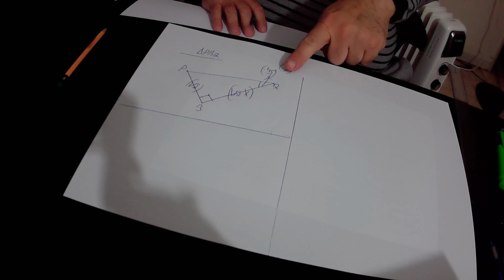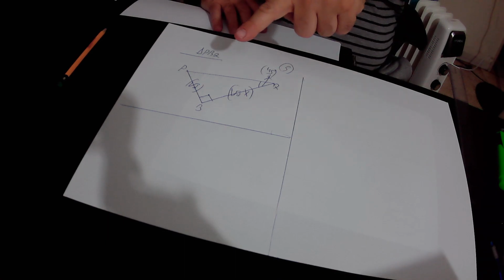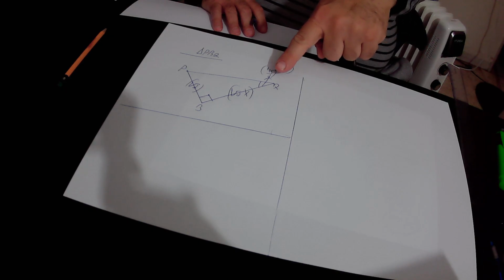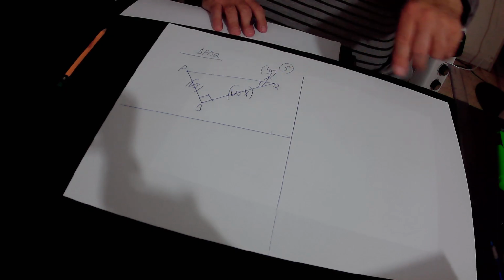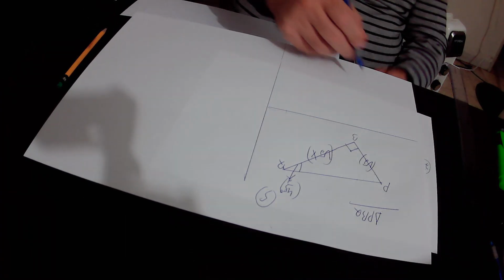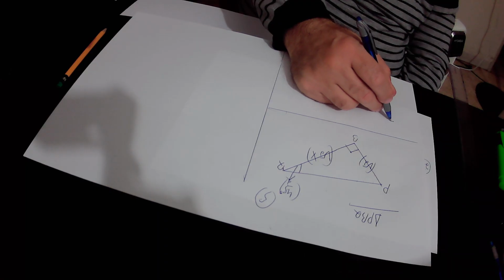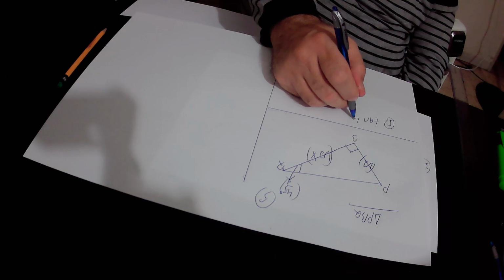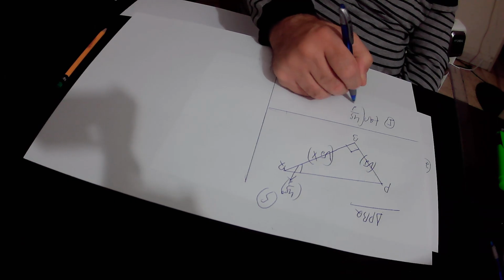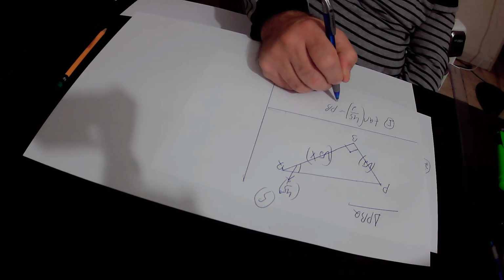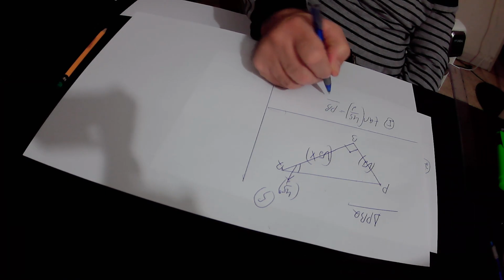tangent 45 over 2 degrees will be equal to PB over BQ. Again, tangent 45 over 2 degrees equals PB over BQ. So I write it down. Tangent 45 over 2 degrees equals PB over BQ.